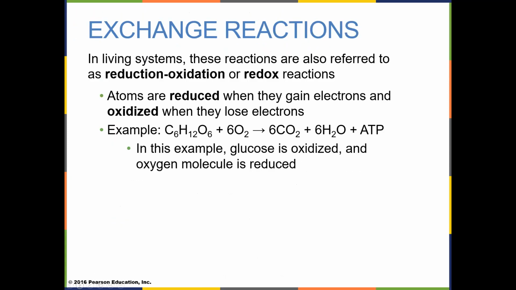Okay, now another type of reaction that we see in our bodies is called an oxidation reduction reaction. We'll talk a lot more about that when we get into chapter 24. This can get very confusing very quickly. Oxidation reduction. We say that atoms are reduced when they gain electrons.